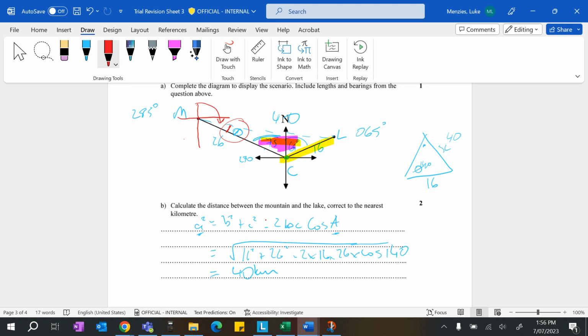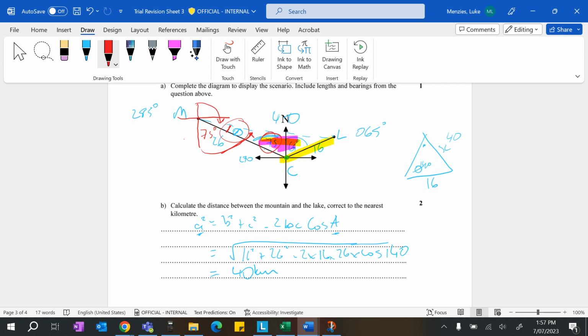Now this one over here in the purple is 75. Using your alternate angles, this is also 75. And what we're going to say is 180 minus the 75, and my answer from this part we're about to do, away from 180 is going to give me my bearing.